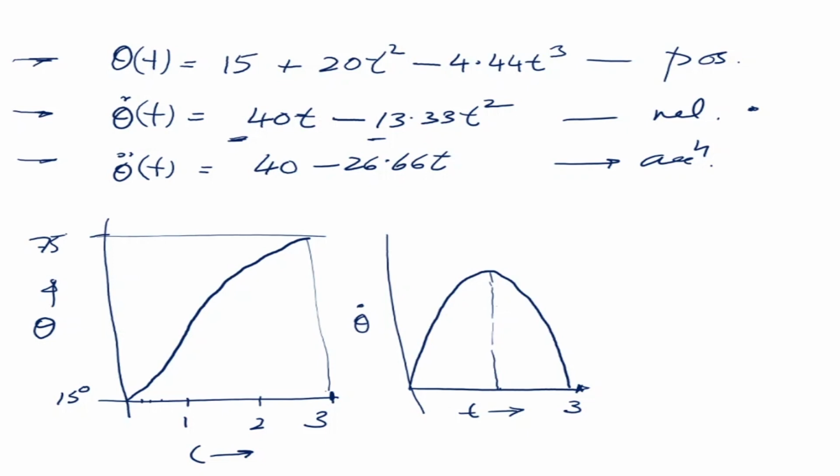This value occurs at exactly 1.5 seconds. Put that in this equation and you'll get the value of theta there. At that point the acceleration becomes 0, and it changes direction. So plus becomes minus.